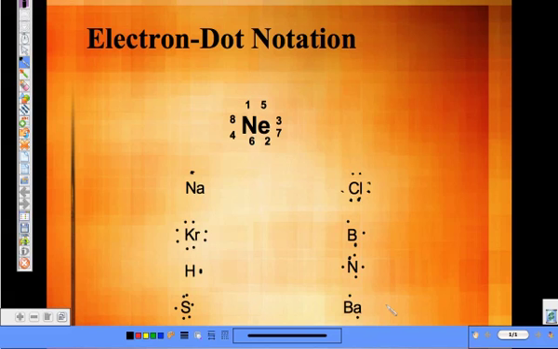Questions on finding the valence electrons? Do you remember doing this in physical science? A lot different. Oh, really? Circles? I think that's different.